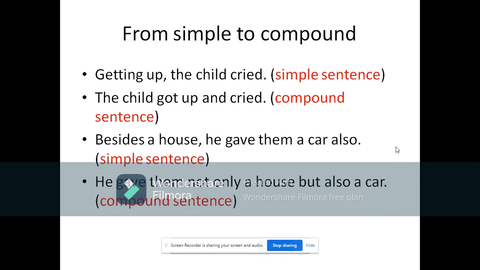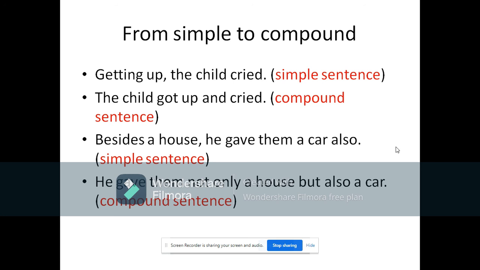From simple to compound. You are given a simple sentence. You are asked to convert it into a compound sentence. Getting up, the child cried.